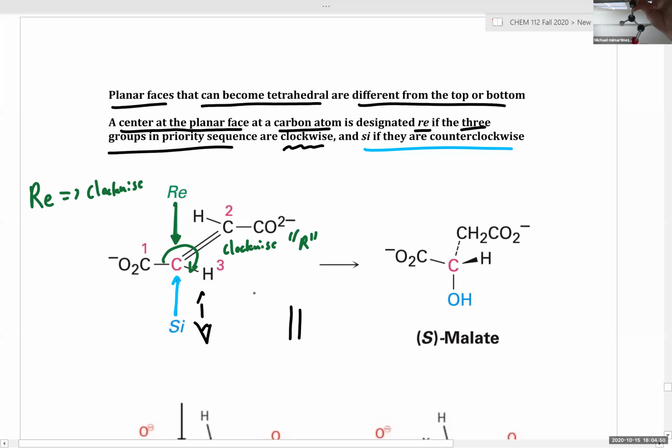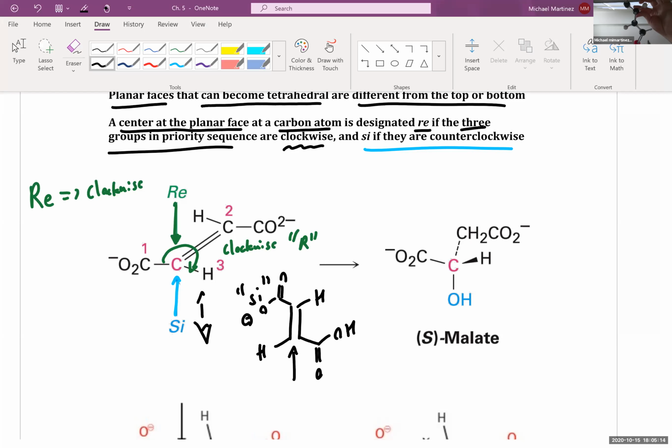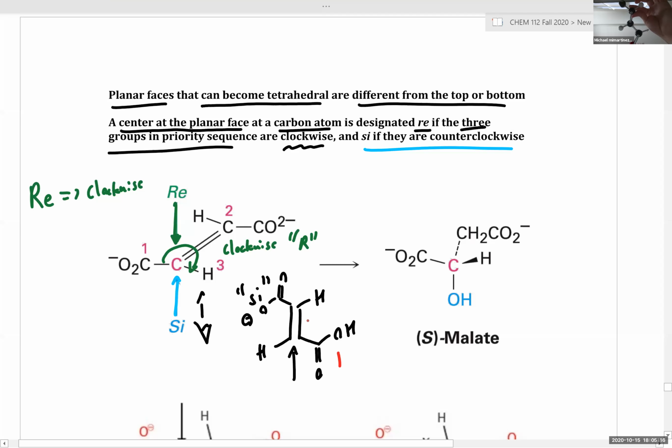If we're viewing our approach from the psi face, when we think about our substituents and we order them from highest to lowest priority, we see we're going counterclockwise. So it's almost like a quote-unquote S designation.